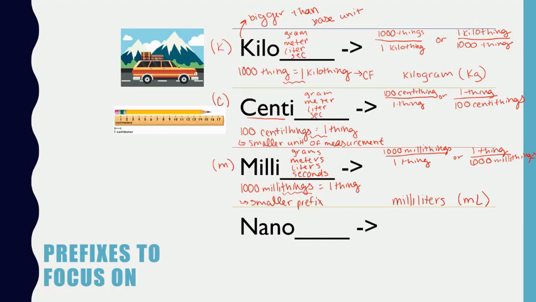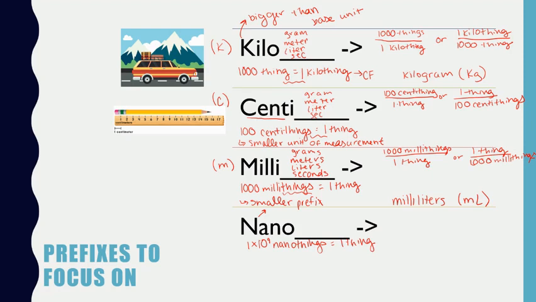Okay. That brings us to the last one of nano. So for nano, this one is going to be the smallest prefix that we look at. So this one is also smaller than one thing. So in nano, we are going to need 1 times 10 to the 9th nano things to equal one thing.